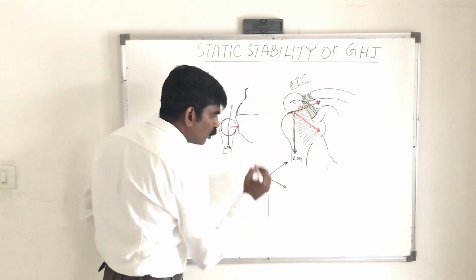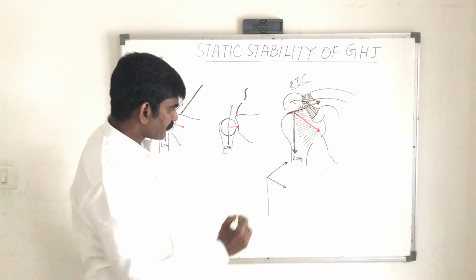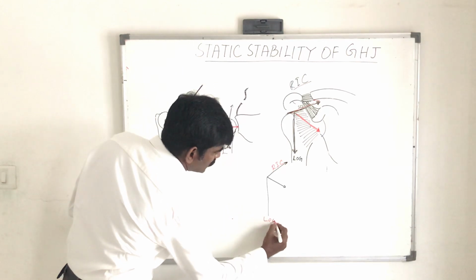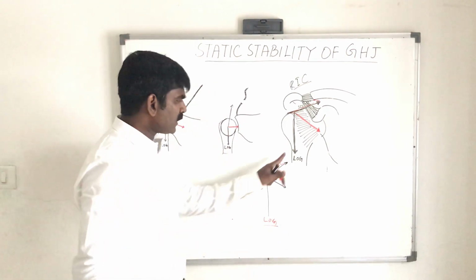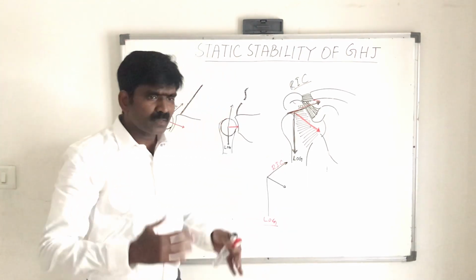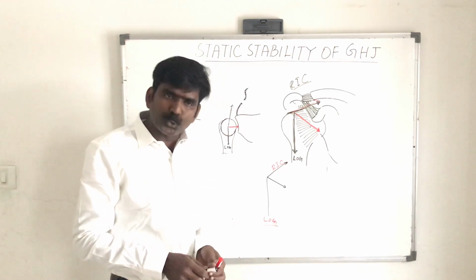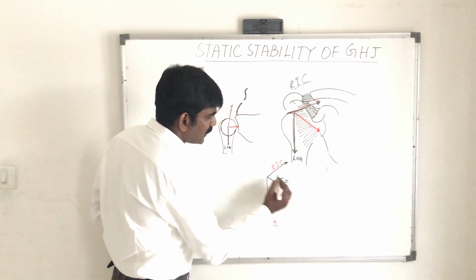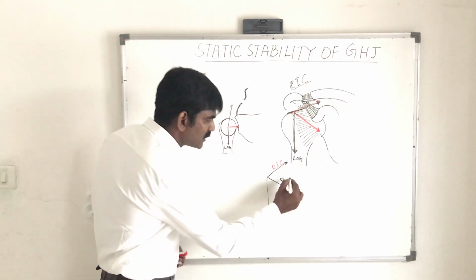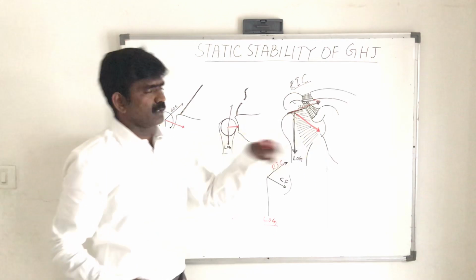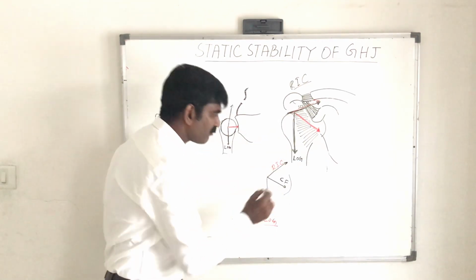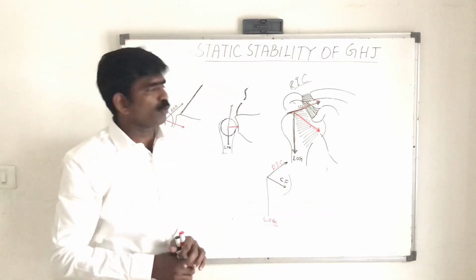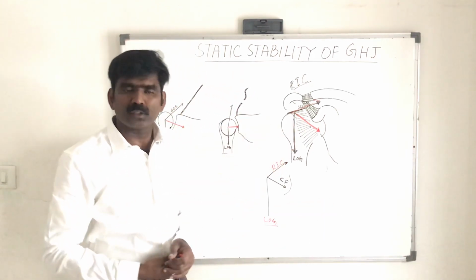When you take these two forces into consideration, that is force of RIC and line of gravity, a resultant force is produced, and that resultant force is called a compression force. Clear? So this compression force is towards the glenoid cavity. This compression force helps in maintaining the static stability of the glenohumeral joint.